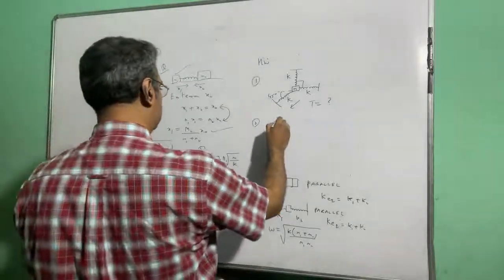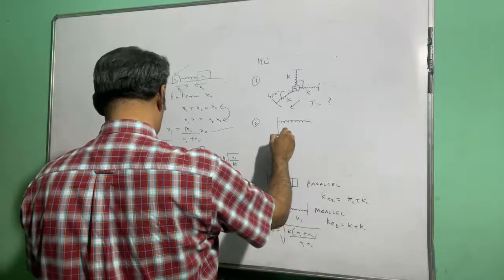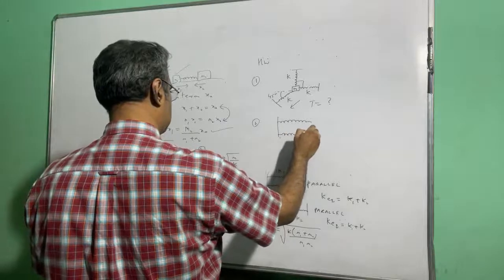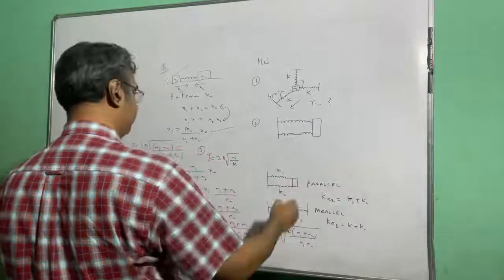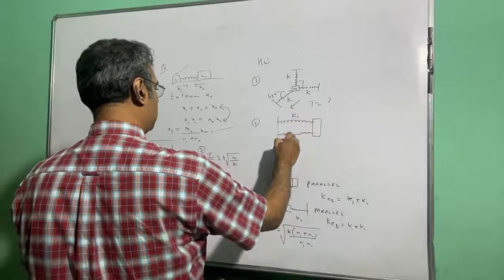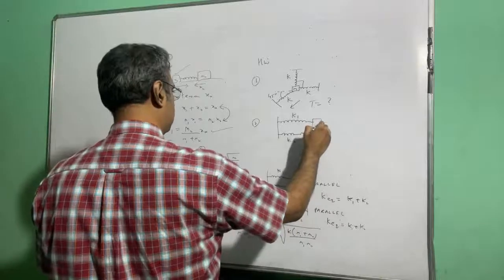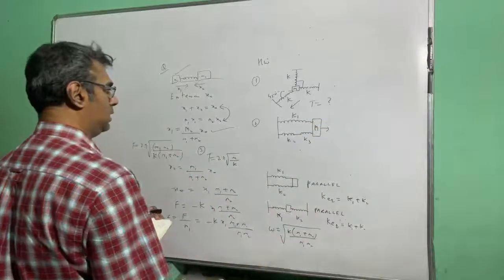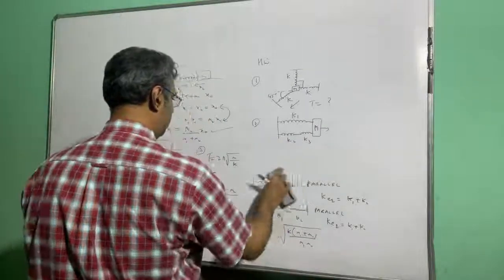Question number 2. There is a spring of spring constant K1 and there are two springs of spring constant K2 and K3.